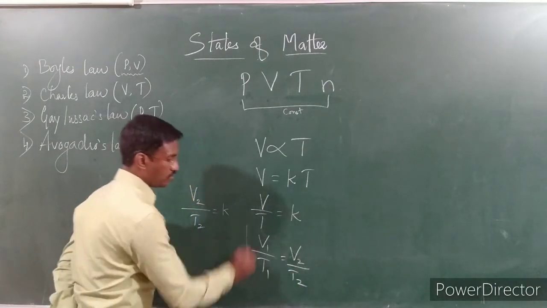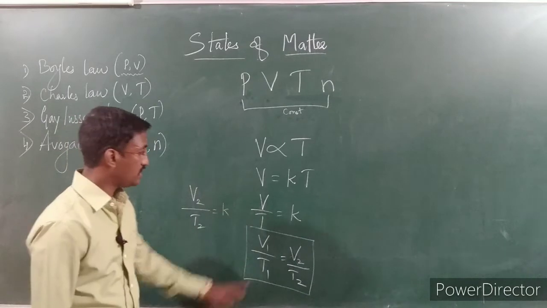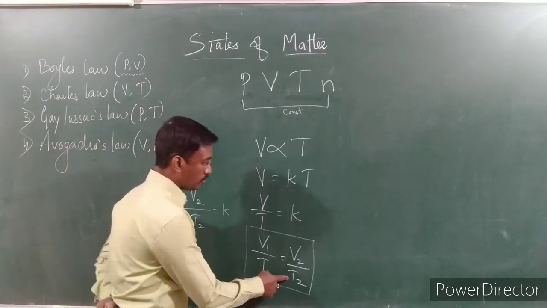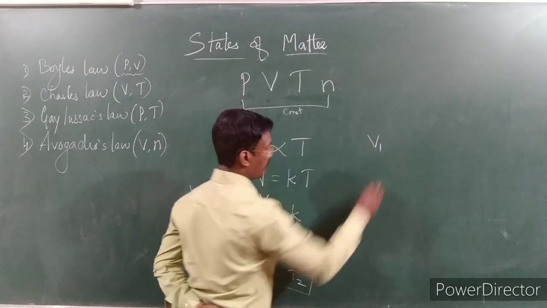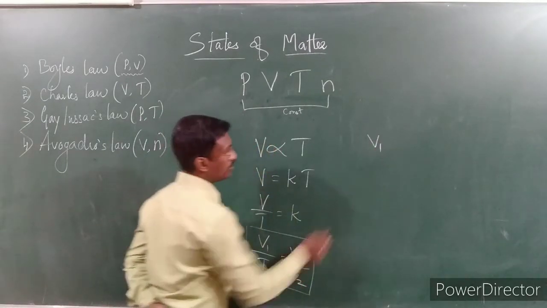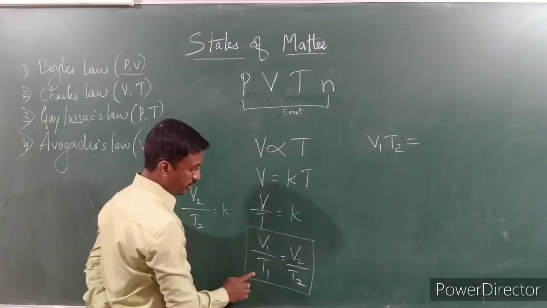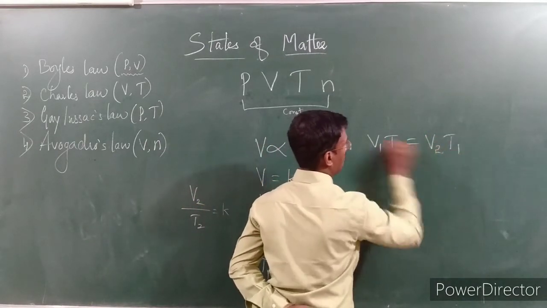While doing problems, we are going to use this kind of formula, and we can even rearrange it. We can send V2 to the left side and T1 to the right side. Therefore, it becomes V1 into T2 equal to V2 into T1.